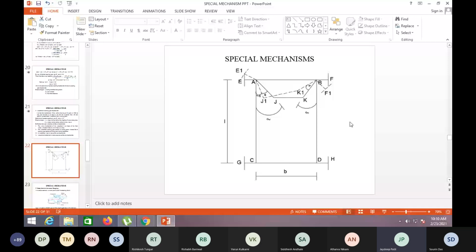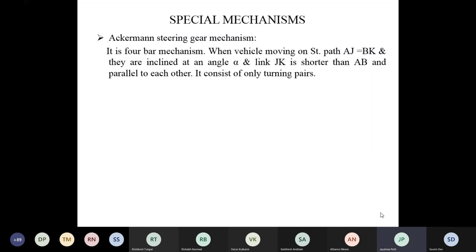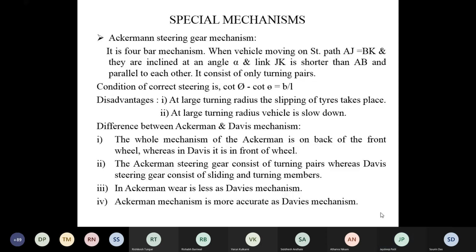Okay, now see this difference between Ackermann and Davis steering gear. Actually, one of the disadvantages of Ackermann is that at a large turning radius you have to slow down your vehicle, because there is a possibility of slipping of the tires.